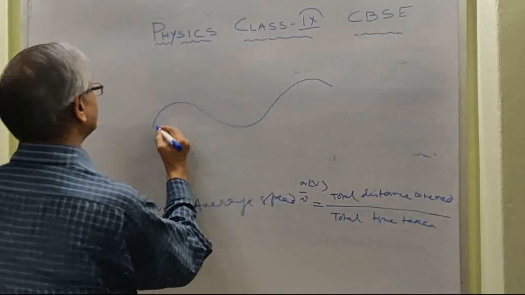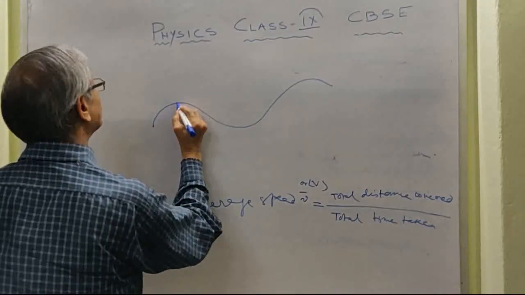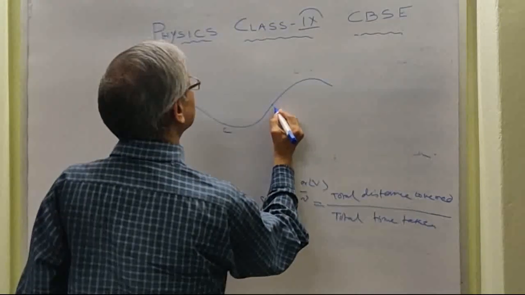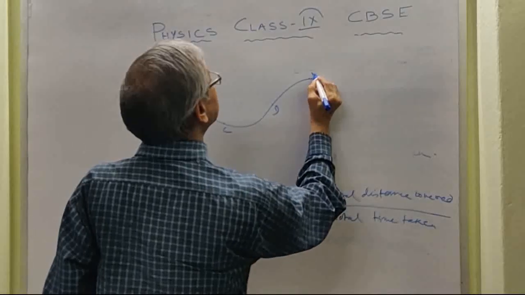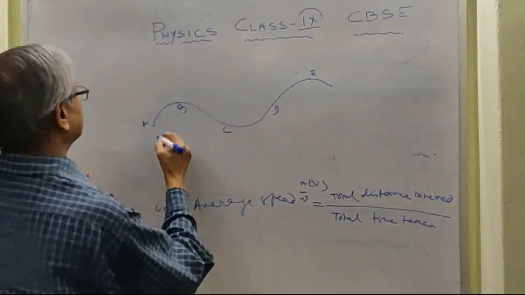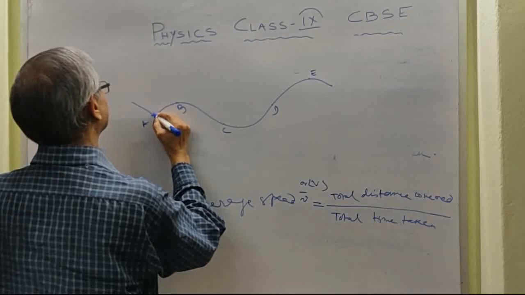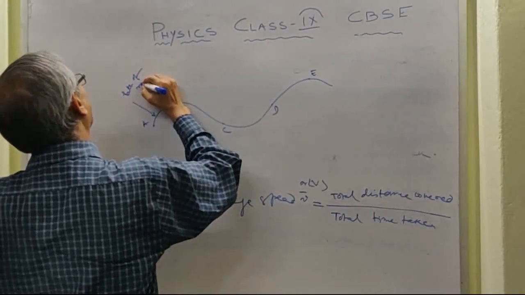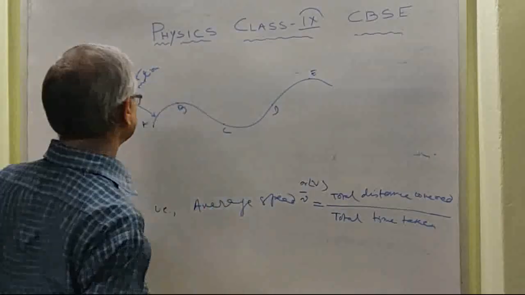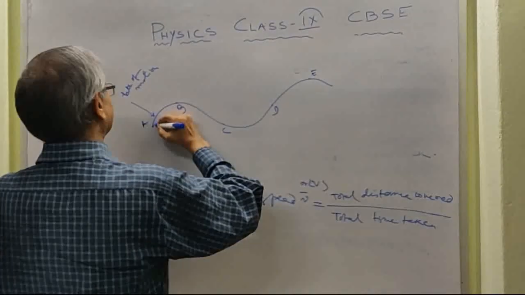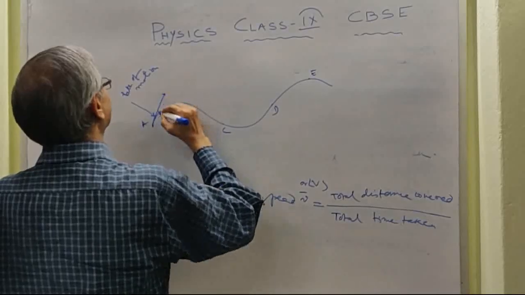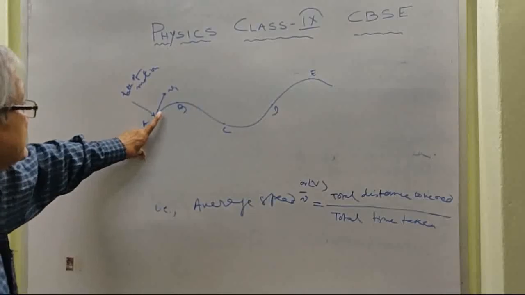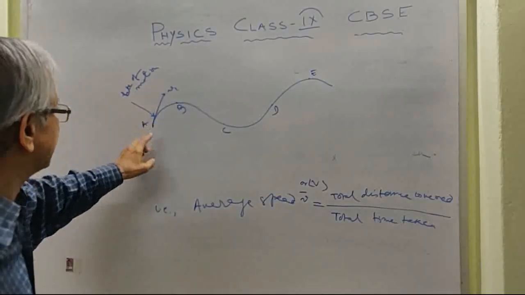We take different points A, B, C, D, E, etc. This is the path of motion. Here, at the point A, the speed is v1, and it is tangential to the curve at the point.